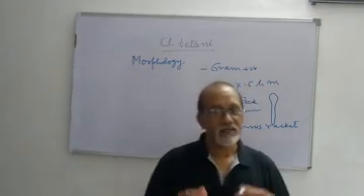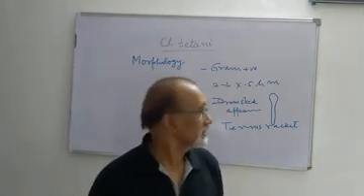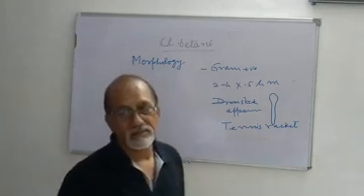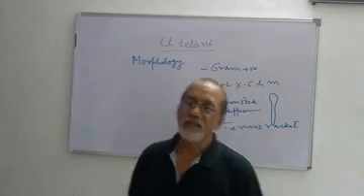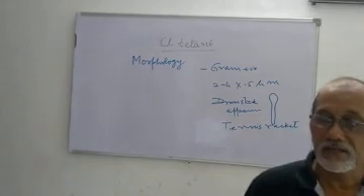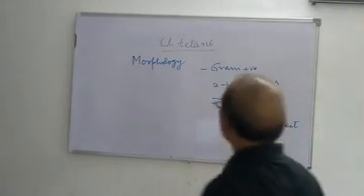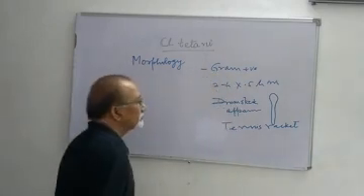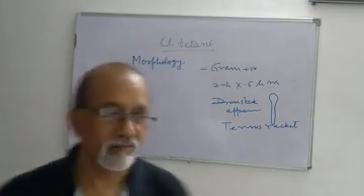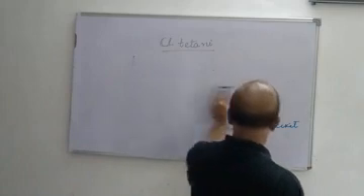Okay, they keep changing their size and shape and appear filamentous, and they are non-capsulated and motile, and peritrichous flagella are on their surfaces. So this is all about the morphology. It is very important from the exam point of view, so you must have knowledge of all these things.